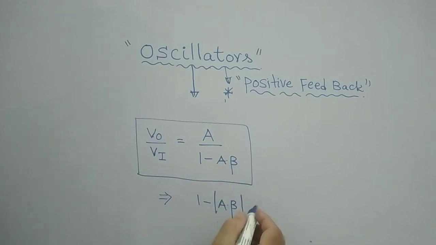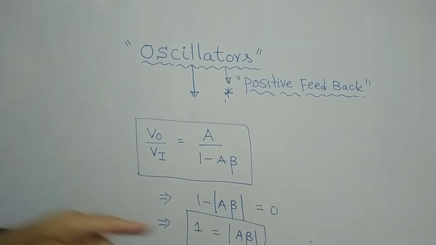Therefore 1 minus A beta equal to 0. This implies 1 is equal to magnitude of A beta, means the loop gain must be 1.